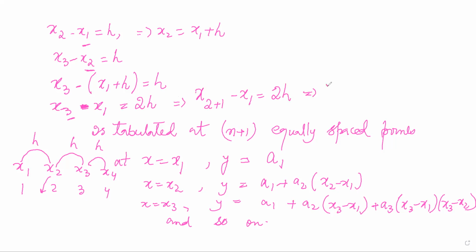We can write this as x(i+1) minus x1 is equal to i times h, where i is equal to 2. So this can be written as i into h. This is about the intervals.